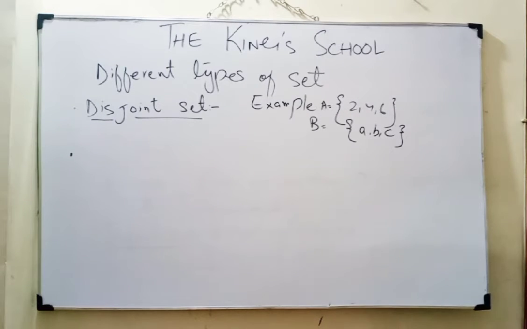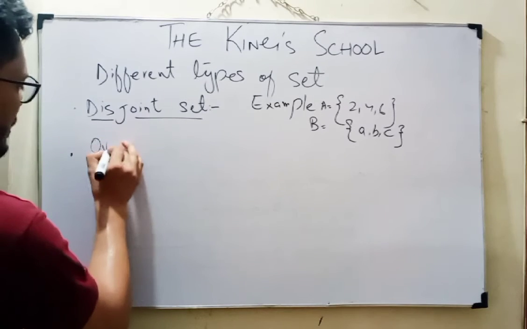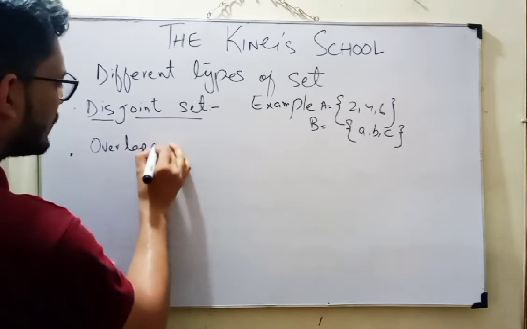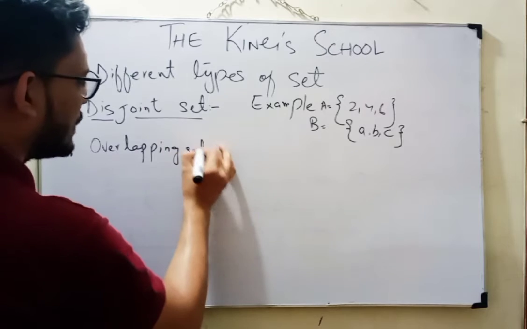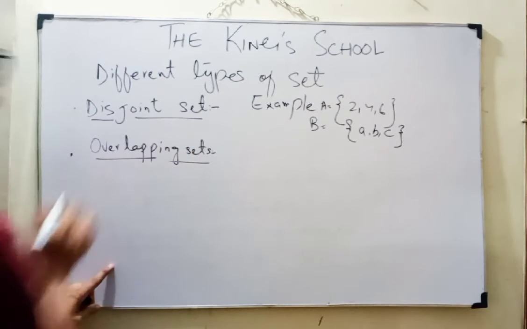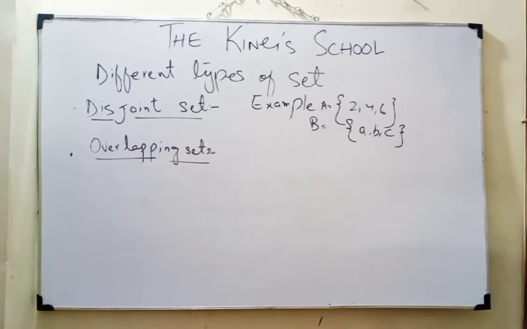Now, the overlapping set. In an overlapping set, we have at least one common member. It can be more than one, but at least one common member.